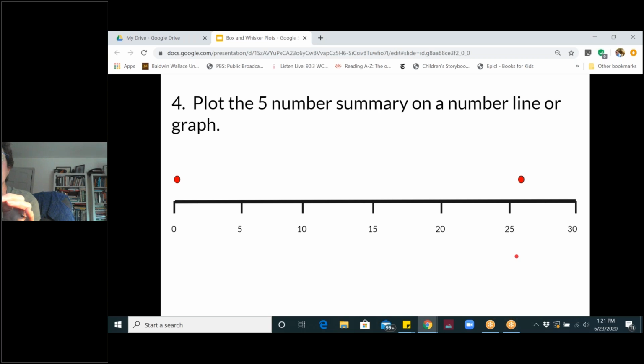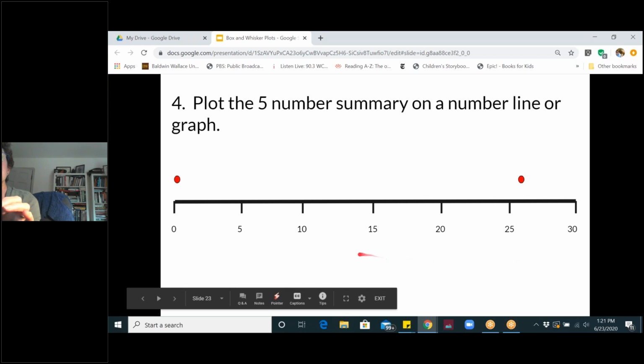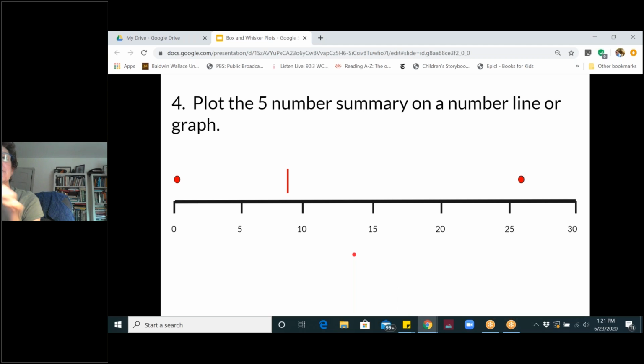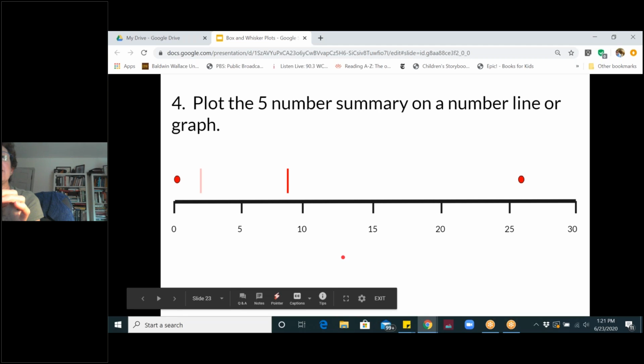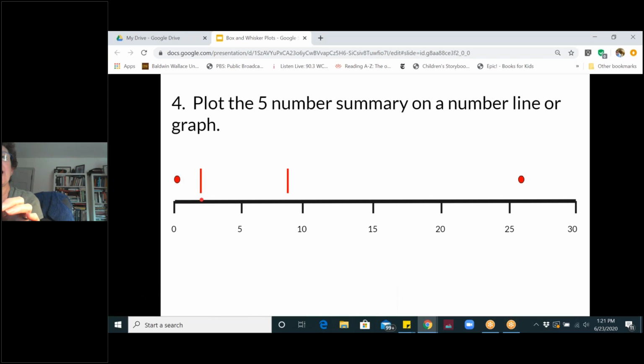Okay, so far so good, right? Then we put in our median, which was 8. And then the lower quartile, which is 1.5. And the upper quartile, which was 18. Whew, I almost forgot. 18.